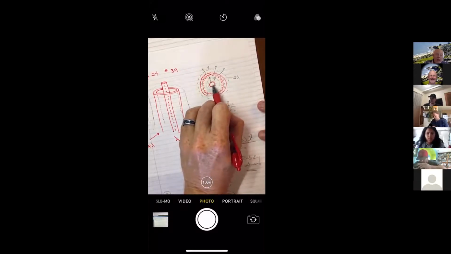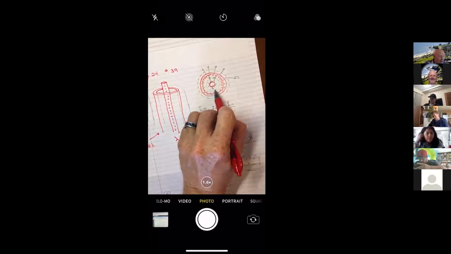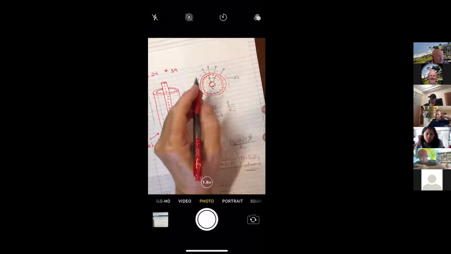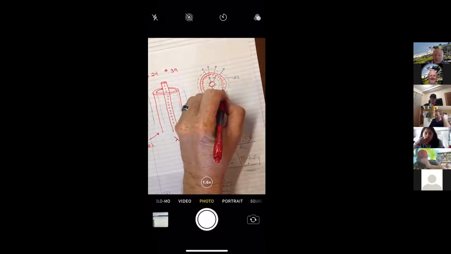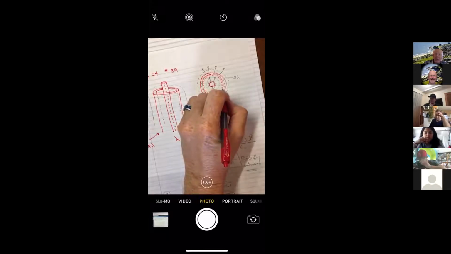So since these were created by a charge of lambda, these on the inner surface must have a charge density of negative lambda.